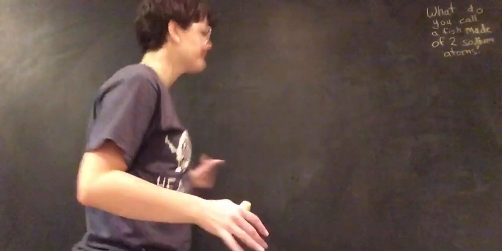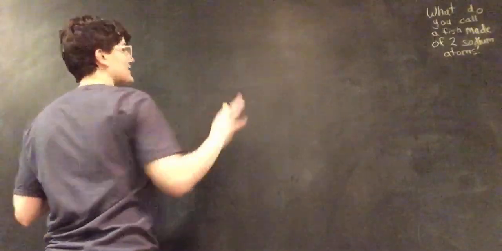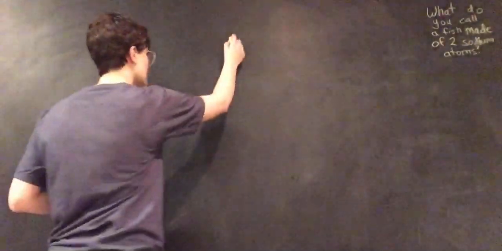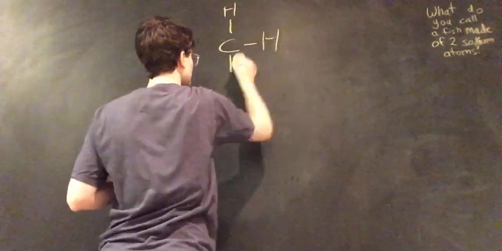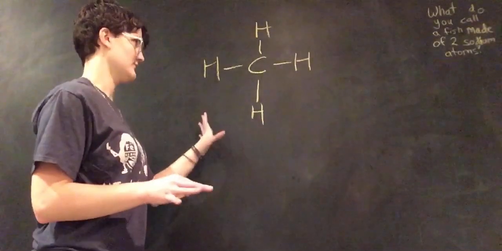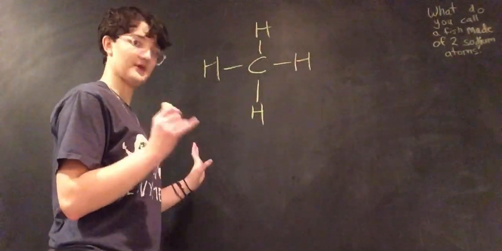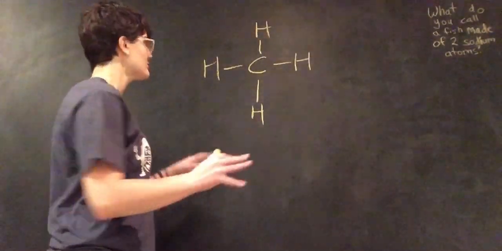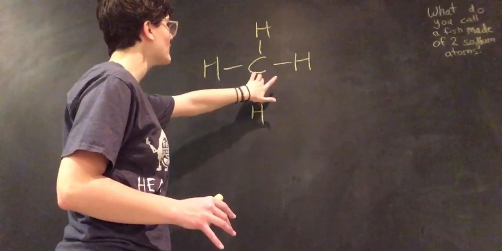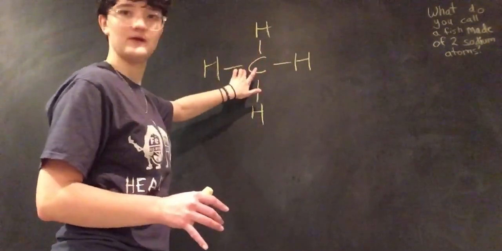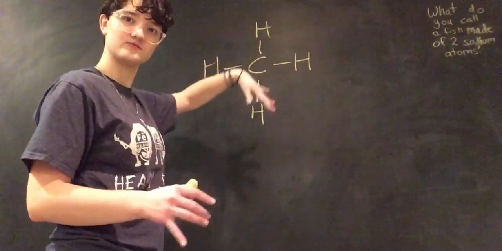So, for example, let's go with finding the hybridization for methane. Once we've got the Lewis structure drawn out, we can then determine the electron geometry, which we can see as we have 1, 2, 3, and 4 electron domains around our carbon.